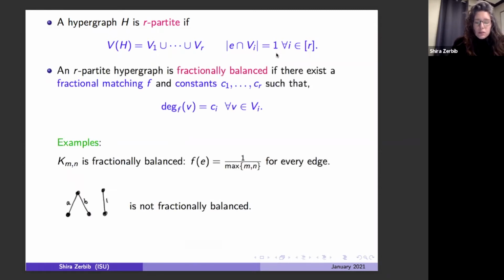And now I want to introduce the family of hypergraphs that I promised I'm going to discuss. These are fractionally balanced hypergraphs.